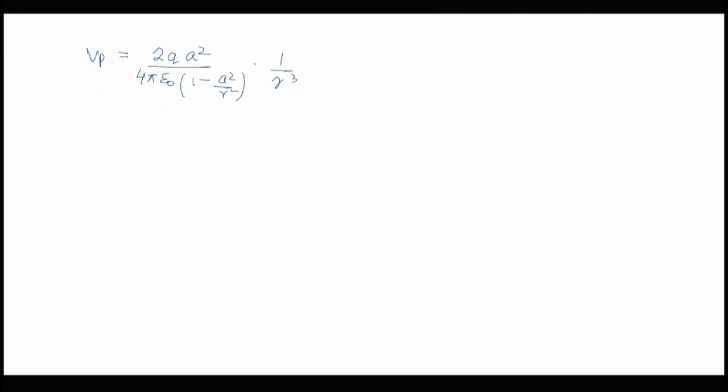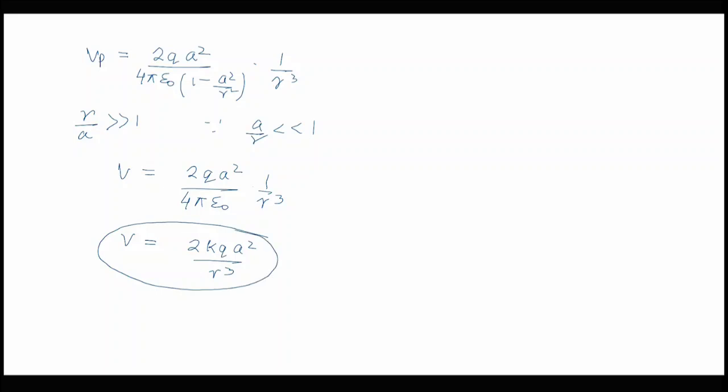Since r by a is greater than 1, therefore a by r is less than 1. Hence we can write this expression as twice of q a square upon 4 pi epsilon naught r cube, or 2kq a square upon r cube.